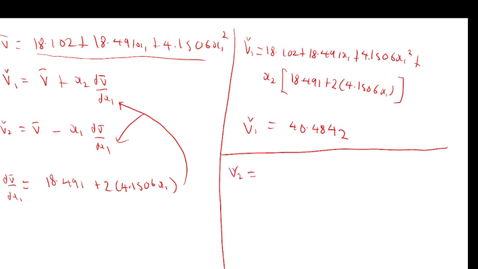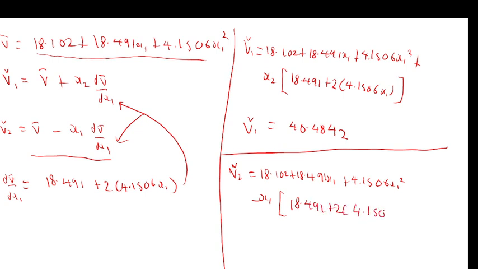Then v2 is going to be this expression here. So I'll still have my v bar, so that's my 18.102 plus my 18.491 x1 plus my 4.1506 x1 squared, then minus x1 times the dv dx1, which is the 18.491 plus 2 times 4.1506 x1.